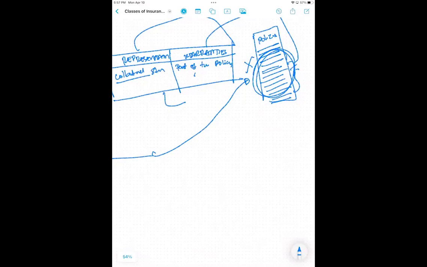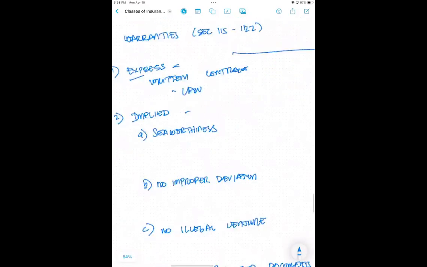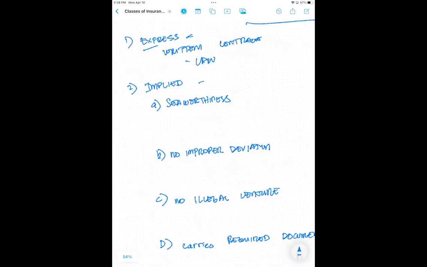Now, are there warranties that need not be written? Insofar as marine insurance is concerned, there are, and these are the so-called implied warranties. Section 115 to Section 122 would cover these implied warranties. So this need not be included.